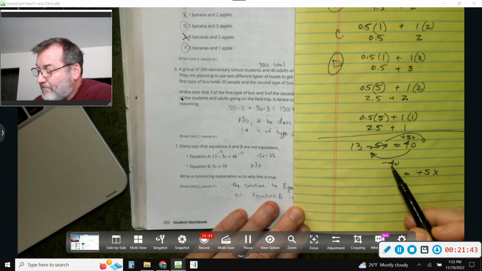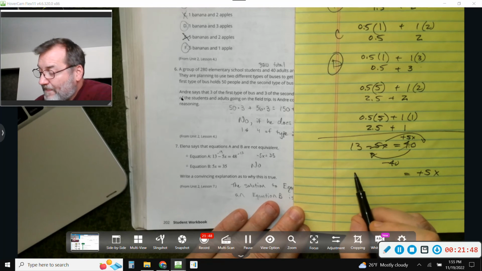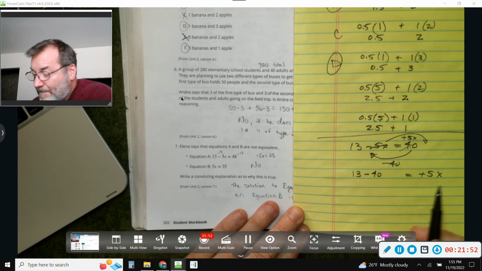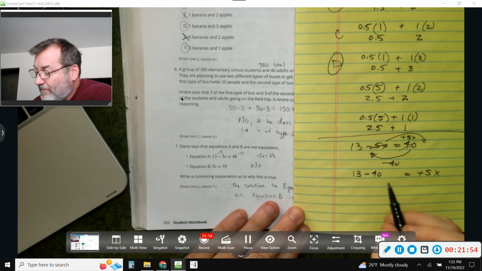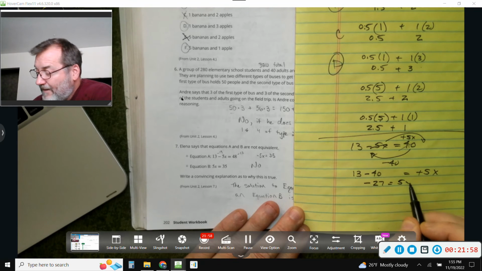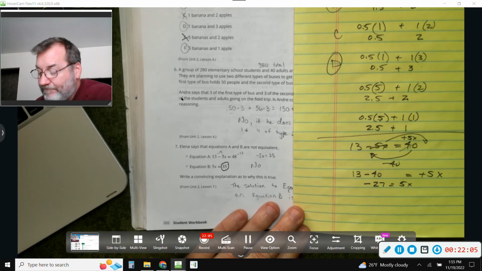And then when I subtract 40 from each side, it goes away over here, and it shows up over here. So 13 minus 40. Well, 13 minus 40 is a negative 27, equaling 5x. And so, no, this little number right here is off. So, nope.